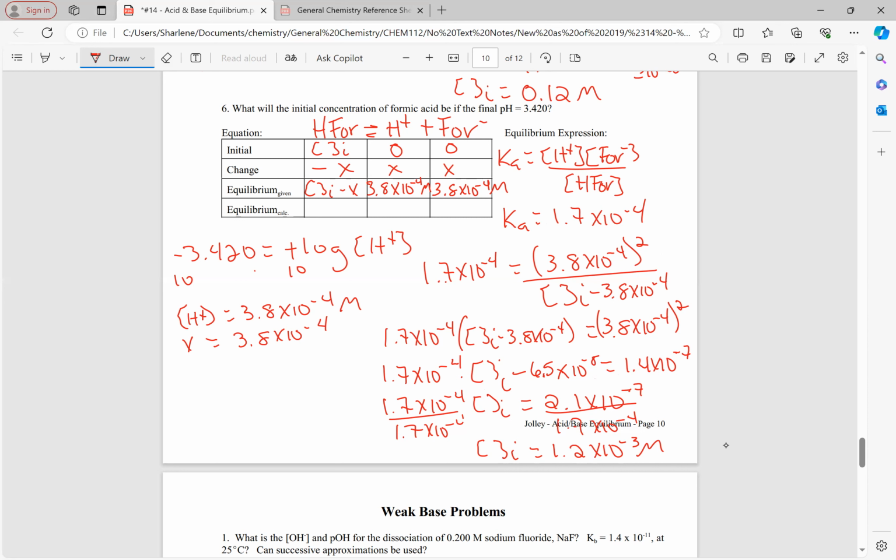And I don't have a spot for that, but 1.2 times 10 to the minus third molar. And then I would subtract the 3.8 times 10 to the minus fourth off of that for my equilibrium number. So 1.2 subtract 3.8 to the negative fourth, and I get pretty much what I had earlier, but it's 8.6 with sig figs times 10 to the minus fourth.